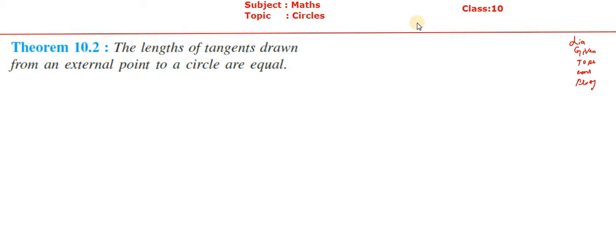Here they give that the lengths of tangents drawn from an external point to a circle are equal. For this we need to draw the diagram first.